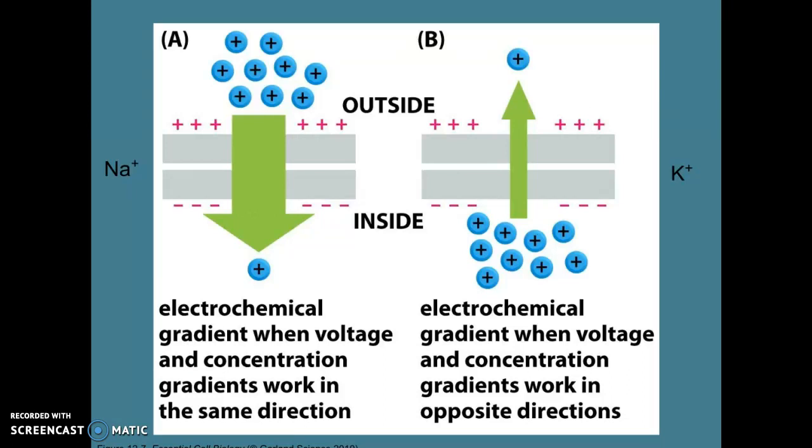And so after the sodium-potassium pump has moved 3 sodiums out and 2 potassiums in, that's already created a little bit of an electrical difference. And then the potassium channels are a little bit leaky, and those two things working together are going to create a voltage across the membrane. There are going to be more positives on the outside of the membrane than on the inside of the membrane.